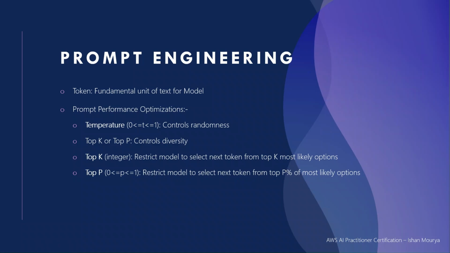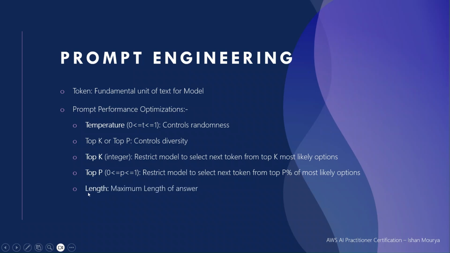All the possible tokens it got for the next token selection, let's say 20, and we have given it as 50. So it will restrict the next token list to just 50% of the total, which is 10. It is going to select from the 10 most probable next options.